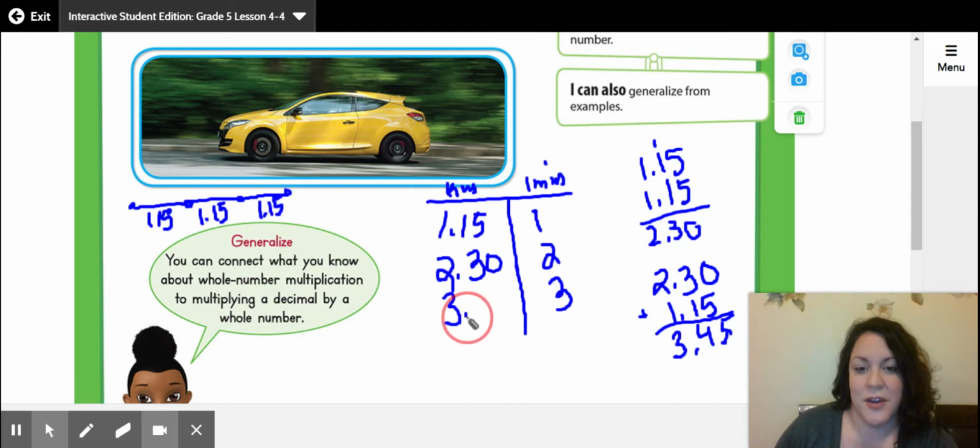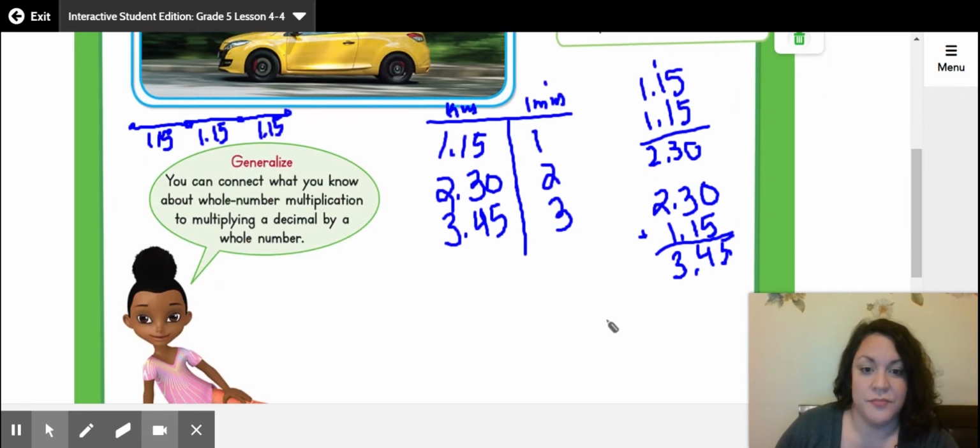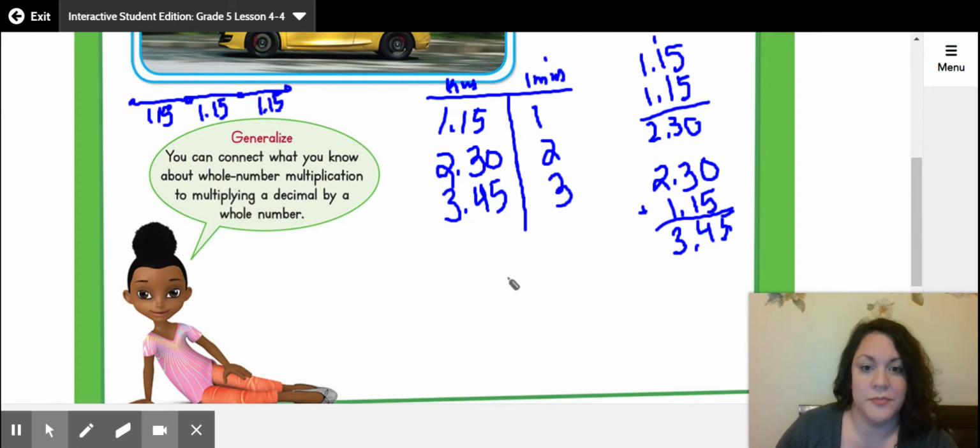Now, to be honest, I'm not going to be able to do this all the time. So instead of adding 1.15 plus 1.15 plus 1.15, I could have said 1.15 times 3. I see it here 3 times. So that would have been another easier way to do it. Let's see if that would have worked out.